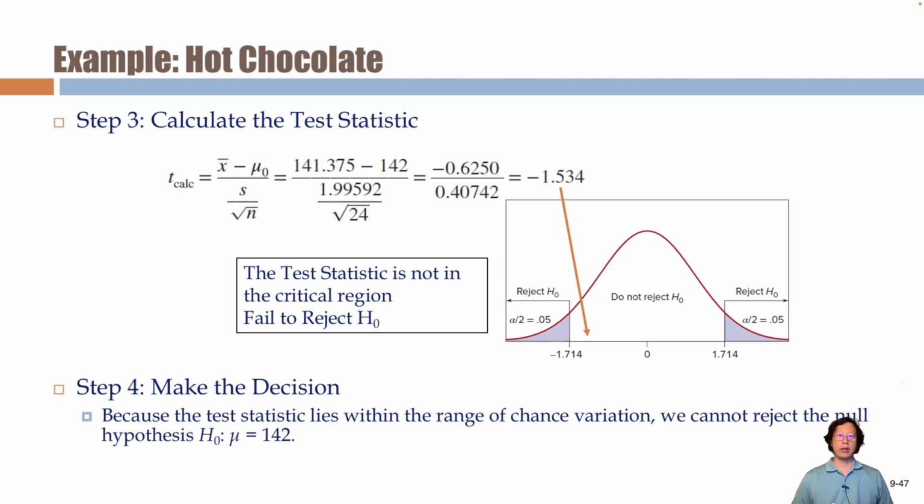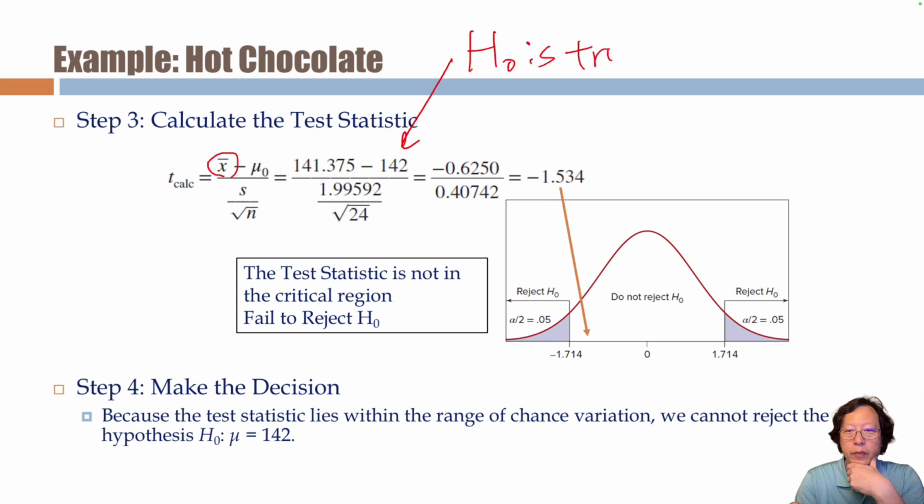How can I calculate our t? You just plug in the numbers here. X bar is 141.375 minus mu 0, which is 142. Again, we are assuming the null hypothesis is true, and we want to check whether this is a rarer case or not.